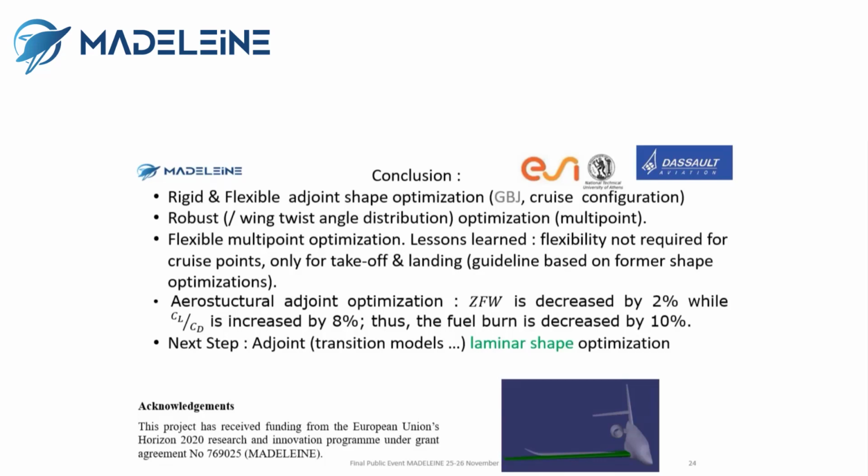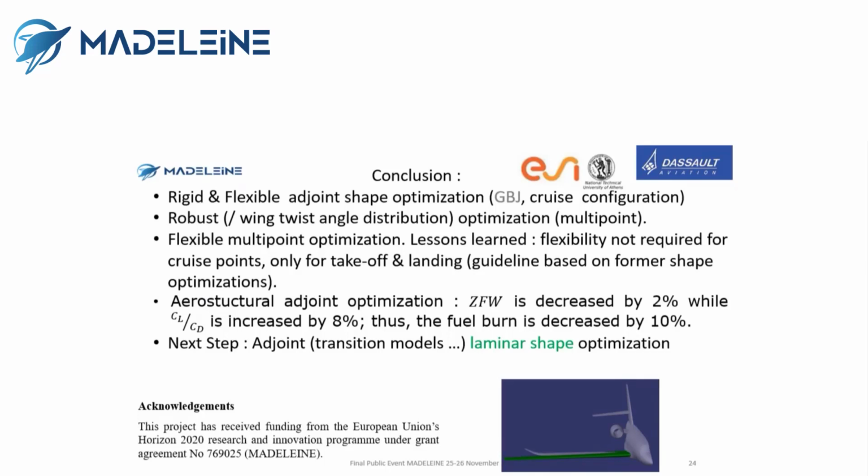One of the conclusions concerns the flexibility effect, because we wanted to know if the flexible effect was needed or not. Lessons learned: in this case, flexibility was not required for the cruise point. Why?